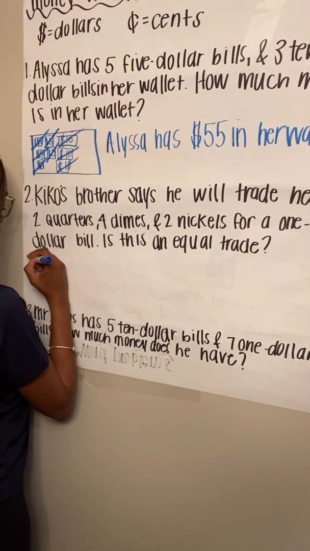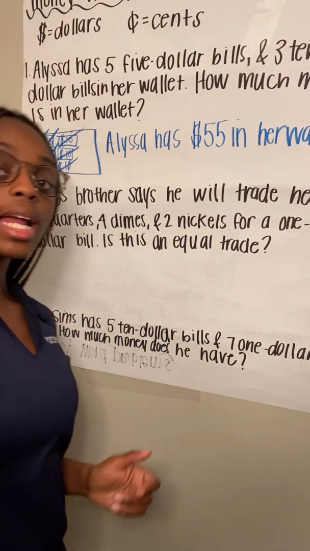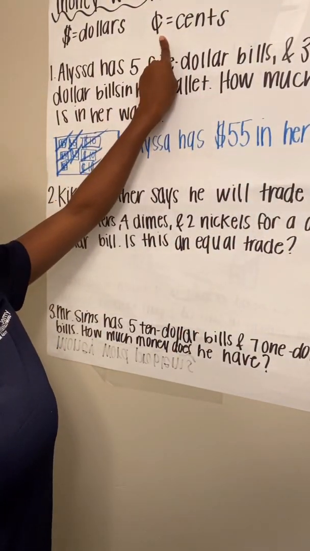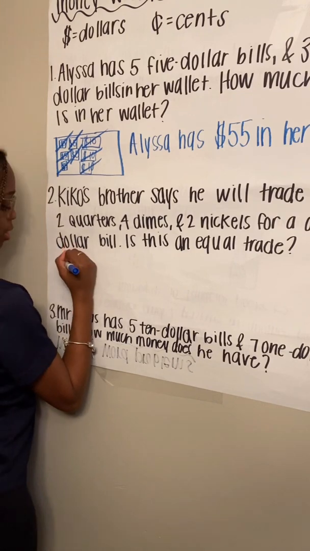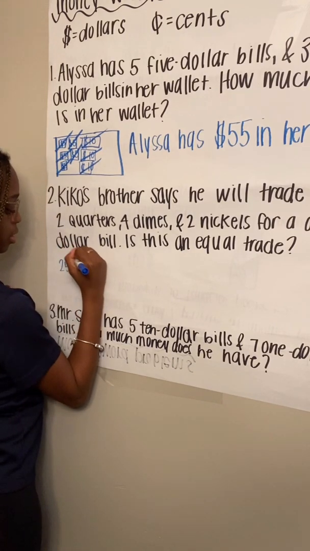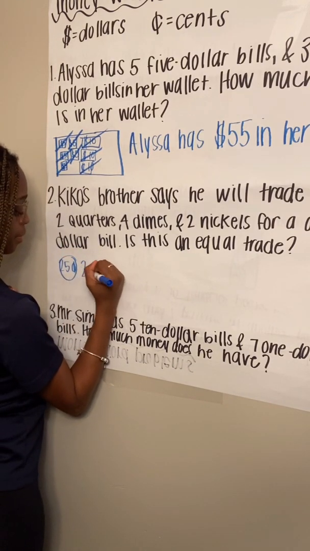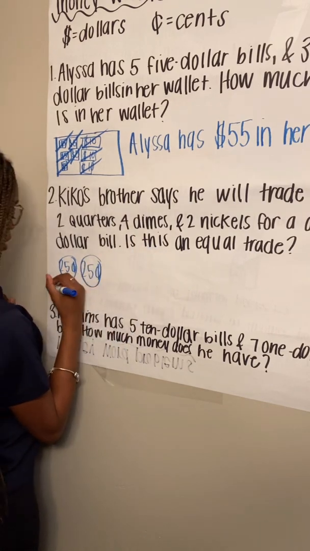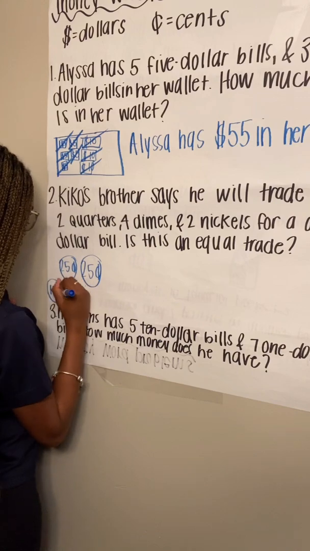So 2 quarters, remember, now that we're showing coins, we do the cent sign. So 2 quarters, and I'll do that. 4 dimes, so 10 cents 4 times.